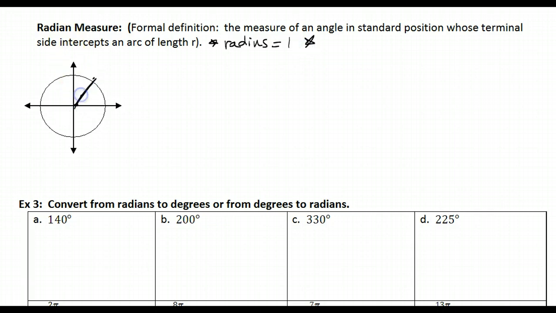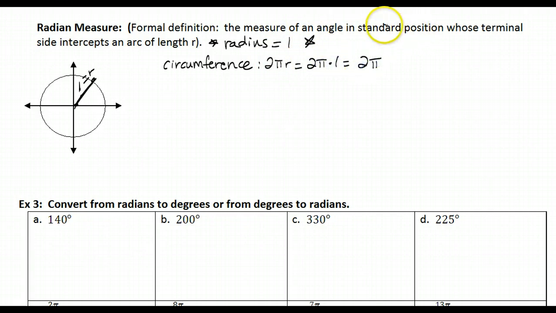So my radius of my circle is equal to 1. And here's what's happening. I'm going to find the circumference of this circle right now. Remember the circumference formula for a circle back from middle school is 2 pi r? Well, my radius is 1, so my circumference is 2 pi times 1, which is just 2 pi.